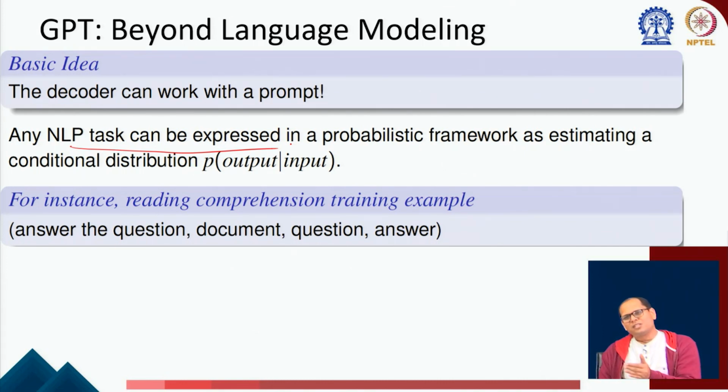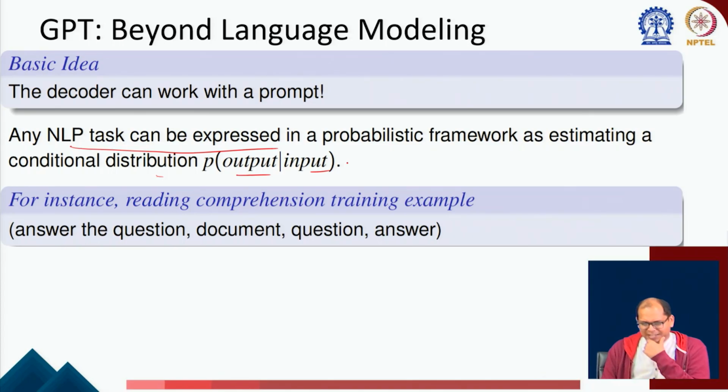Why probabilistic? Because I have the token probabilities, so I always get a distribution over tokens. So it is estimating the conditional distribution of output given input. You give the input and you predict the output, right? The input can be given in GPT as the prefix, and then you start generating the output one token after another. The output can be one token or more than one token.